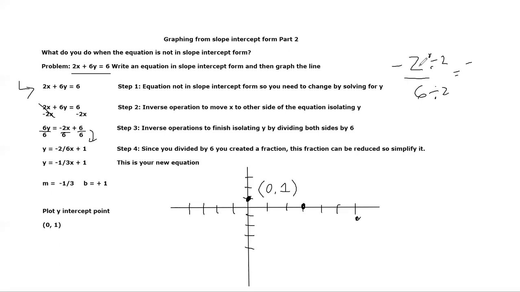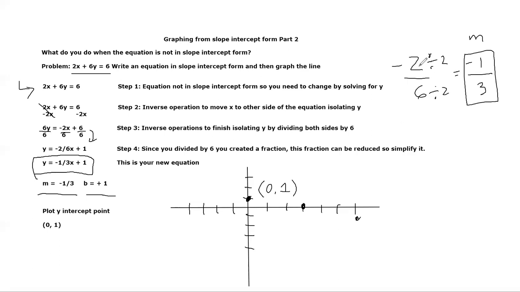Negative 2 divided by 2 is negative 1, and 6 divided by 2 is 3. That is my new slope. My m is negative 1/3, and my b is plus 1. This is my new equation right here. My equation is now in slope-intercept form.